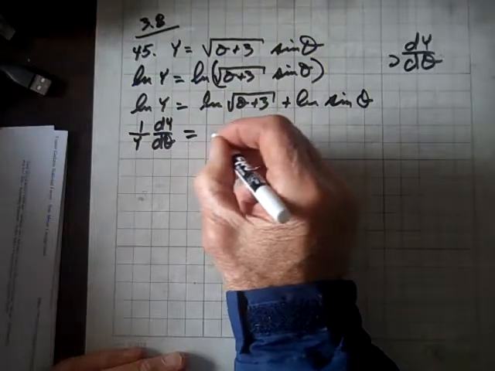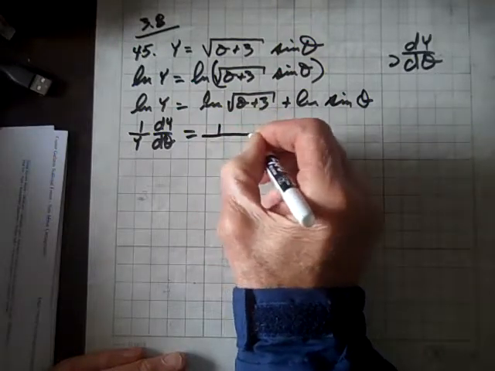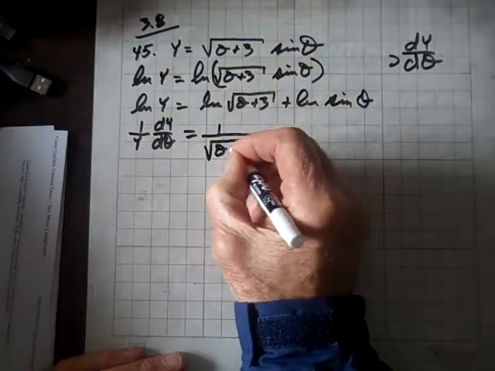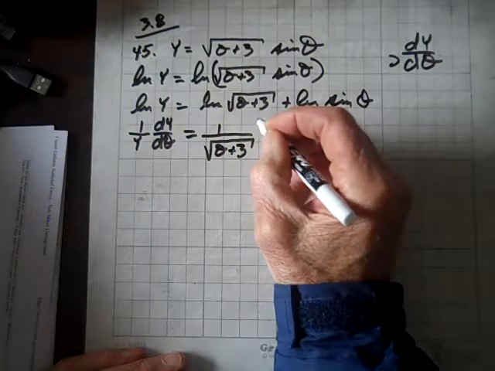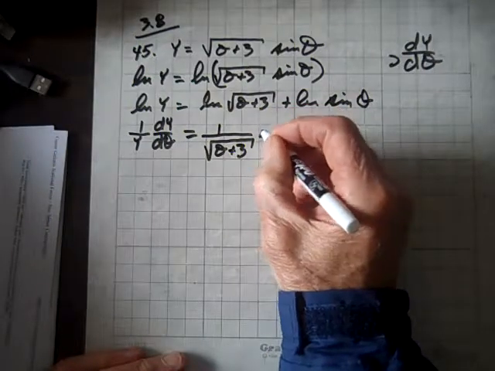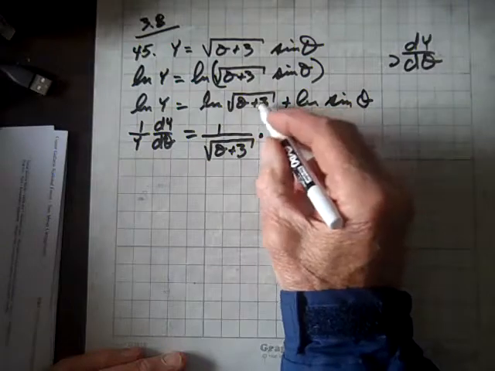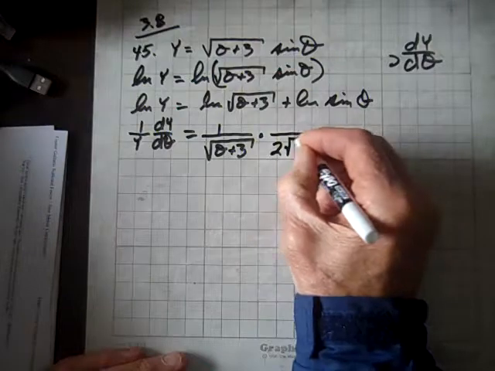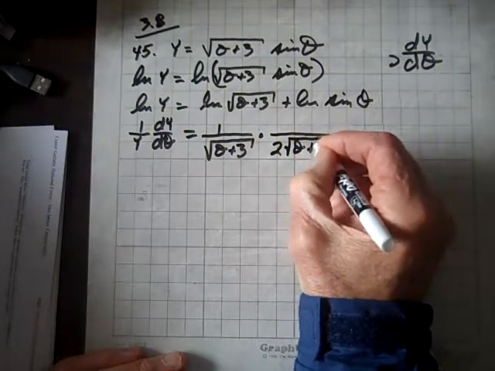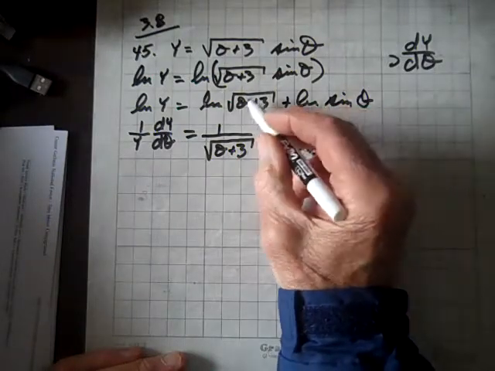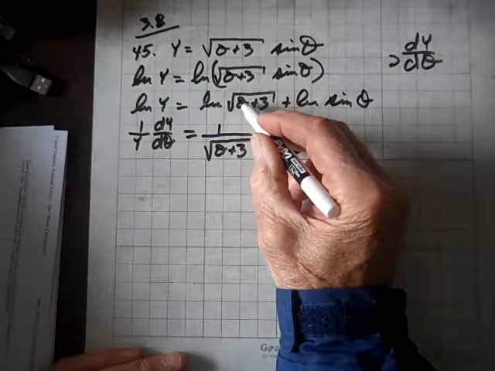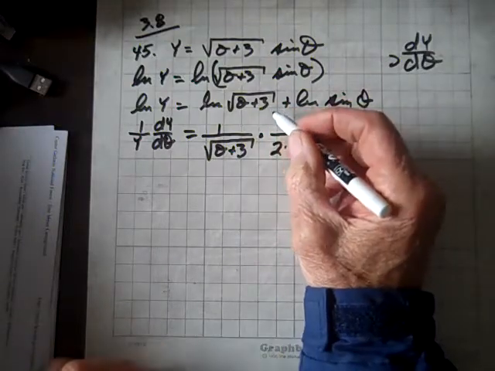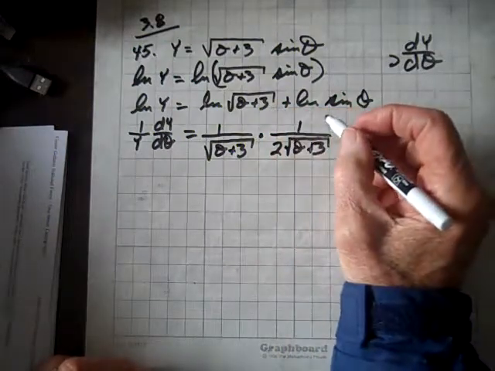Now we're going to get 1 over the square root of theta plus 3, and now we'll go inside and take the derivative of the square root of theta plus 3, and that's going to be 2 root theta plus 3. And the derivative of theta is 1, and the derivative of a constant 3 is 0.